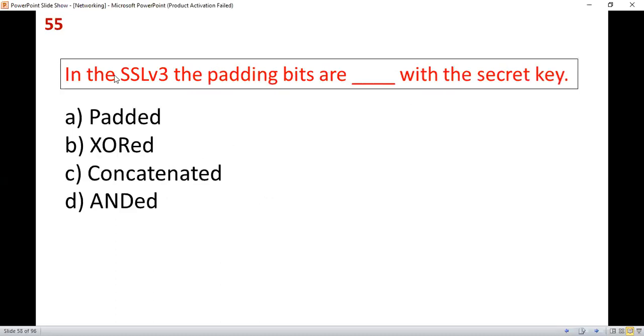In the next question, you can see in SSL v3, the padding bits are with the secret key. What will be the answer for this question?